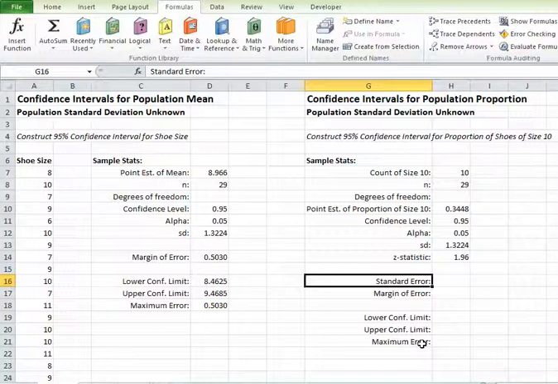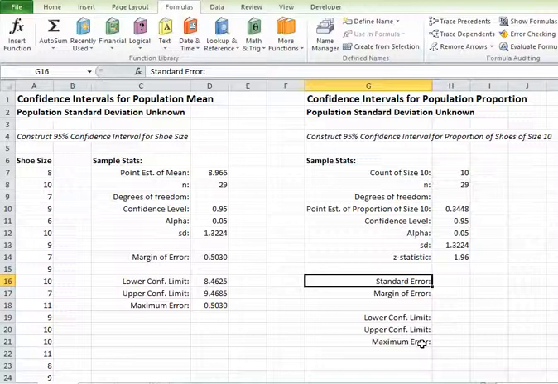Oh, no, I forgot. You got to put the z in front of that. That's equation 8.5. No, that's the margin of error. Where is the standard error? Prior page, perhaps?